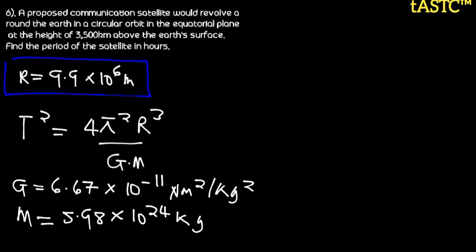So from here we can pretty much find out what T is. Now you need to know that with these units, the value is going to be in seconds. So this period will be found in seconds. Well, we are required to find it in hours. So first off, we're going to find the period in seconds and change it from seconds to hours. So T squared is equal to 4 pi squared multiplied by r to the third.